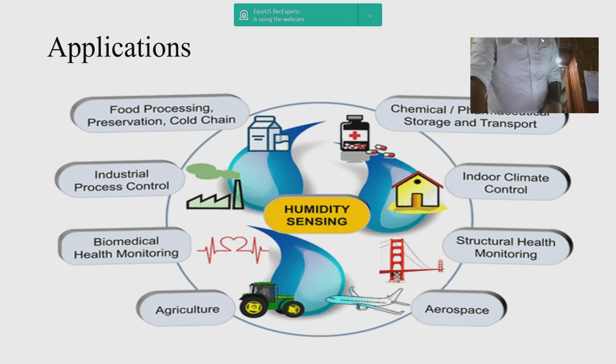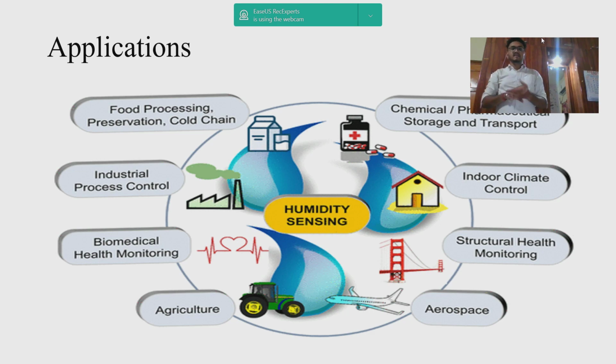Next, we can use these sensors for home automation. Nowadays, smart homes are the next level of generation we are using. We can use these moisture controllers where the home is fully centralized with air conditioning.